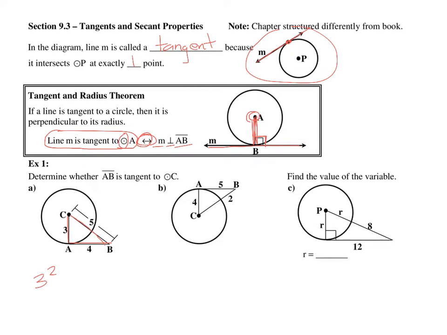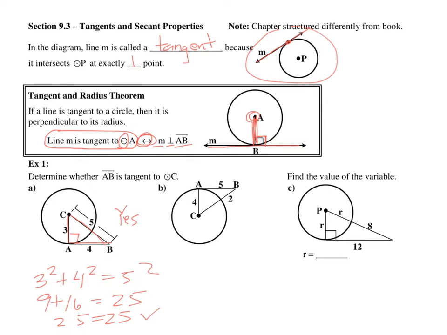Let's apply the Pythagorean theorem. 9 plus 16 equals 25. 25 equals 25. That checks off to be true. It is a right triangle, so AB is tangent to the circle.